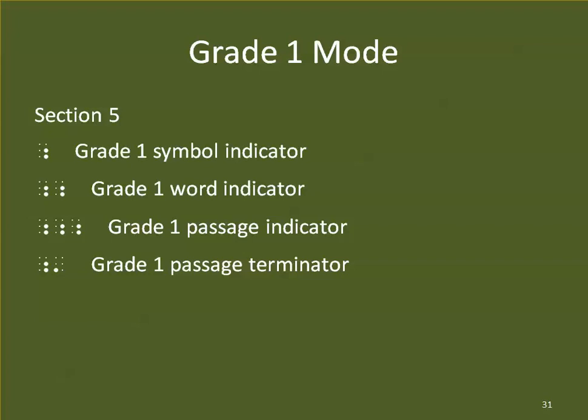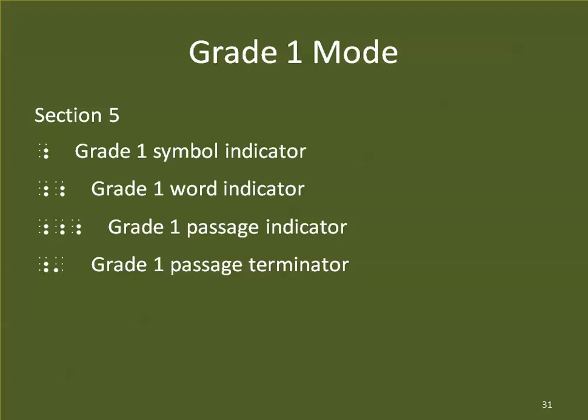We also have a grade 1 word indicator, so that more than just the following Braille cell, the next symbol, is affected, it's the entire sequence. So we have 2 cells then of dots 5, 6. A grade 1 passage indicator has 3 cells of dots 5, 6. This is making sense, isn't it? As I said, we have to terminate a passage at some point, otherwise it goes on indefinitely.